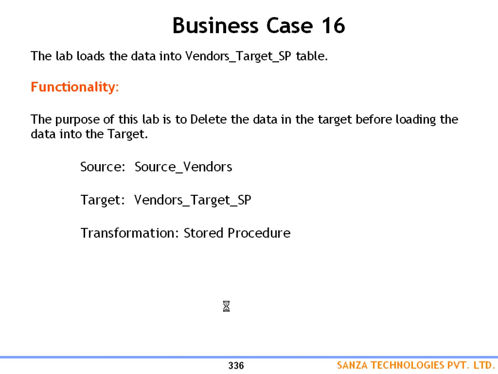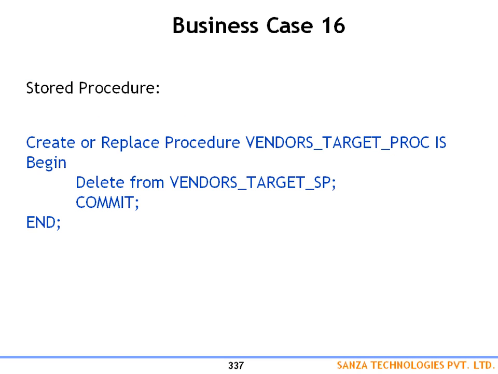Same way, but here we want to implement it by writing a stored procedure. When you execute this stored procedure, it will delete the data in this vendors underscore target underscore SP table. This stored procedure is to be created in the database. It is already created.